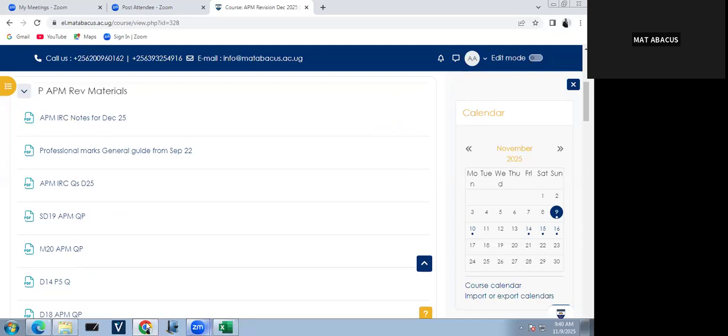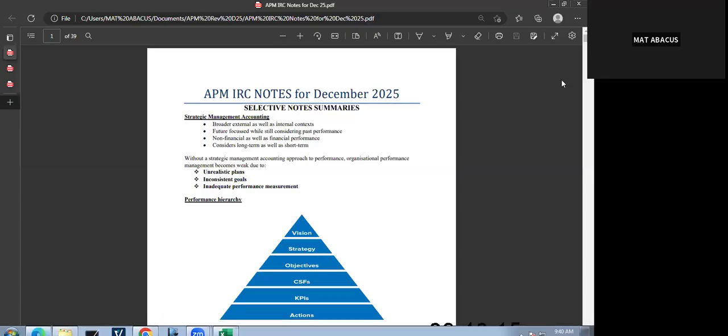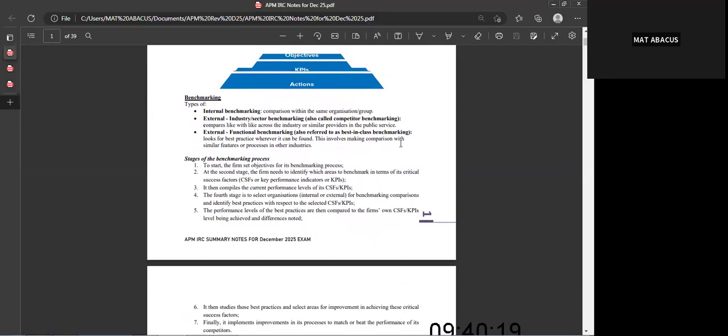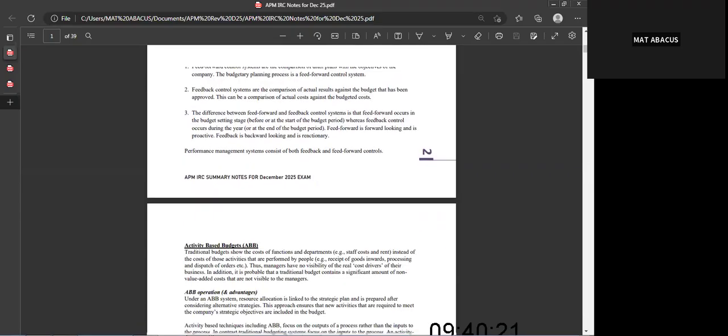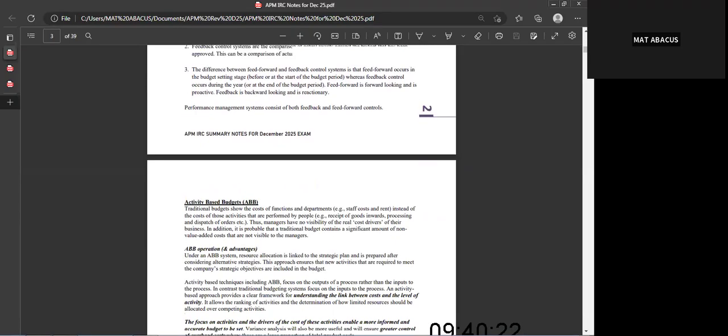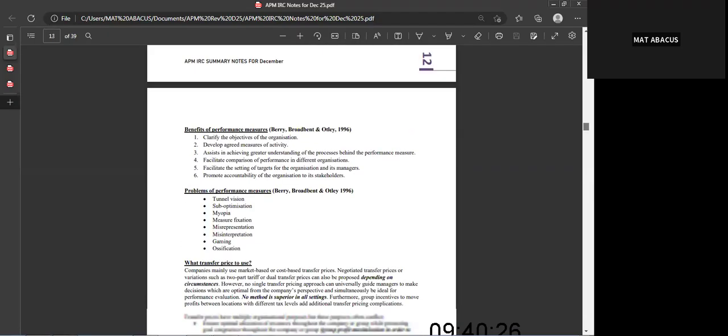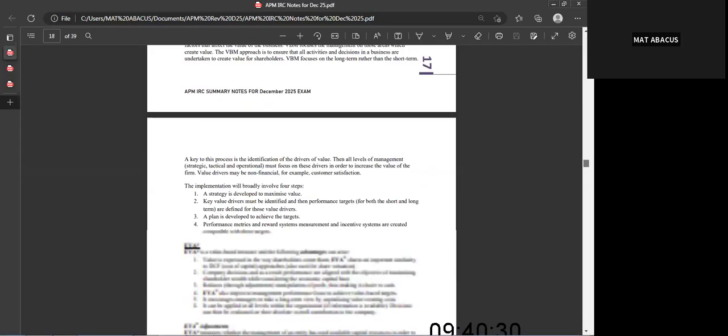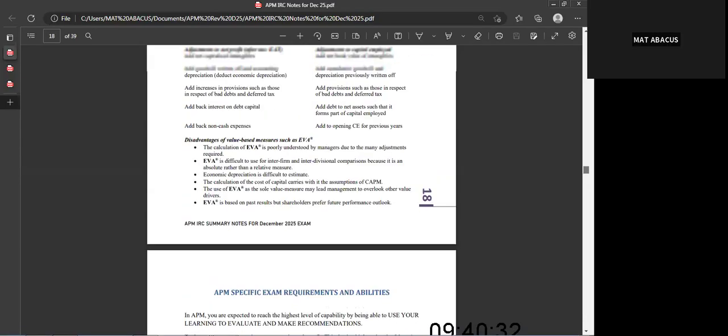The first part, from page 1 until page 18, are summary notes from our own notes, which we have been using for teaching this paper.